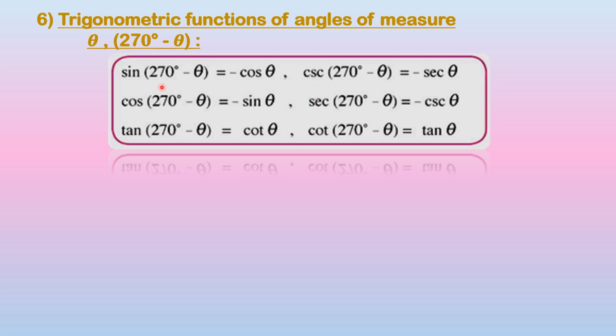Also, we do the same as we did with 90. In 90, sine converted to cosine and vice versa, cosec to sec and vice versa. The same we do with 270: sine converted to cosine and cosine to sine, cosec to sec and sec to cosec, tan to cotan and cotan to tan.